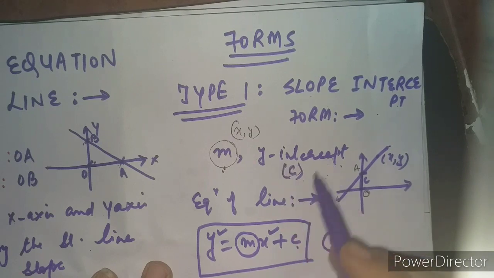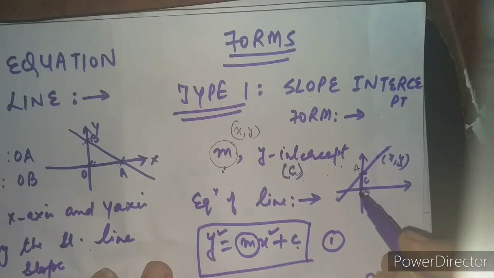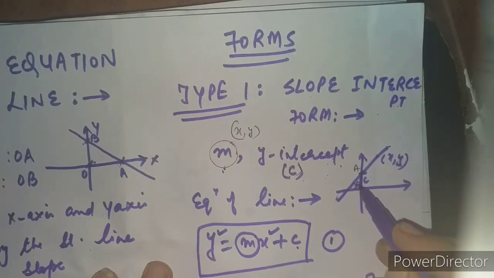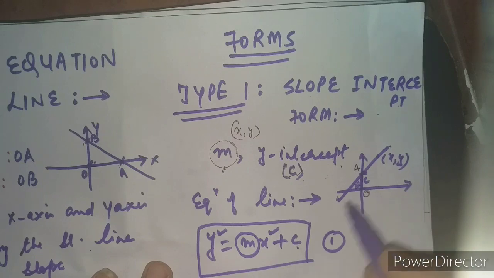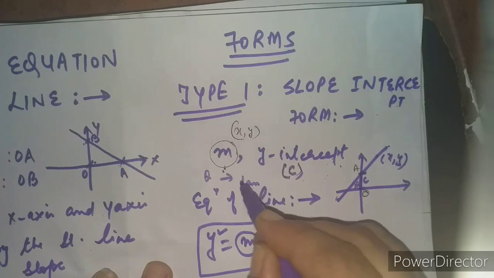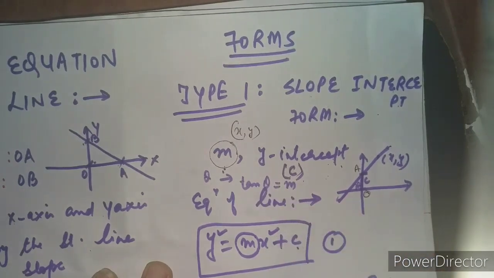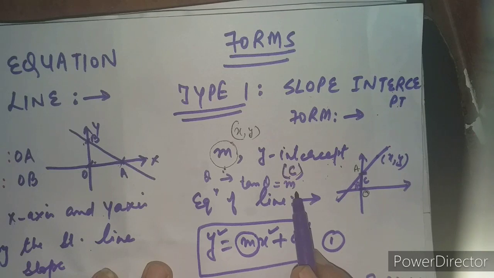So c is the y-intercept and m is the slope. From where will the slope come? Either the slope will be directly given to you, or you can get it with the help of theta. If the angle of inclination theta is given, then tan theta will give you the value of the slope, right?